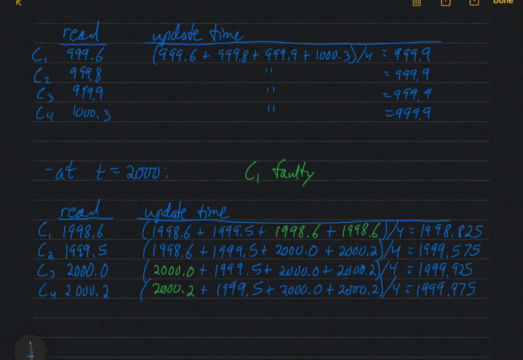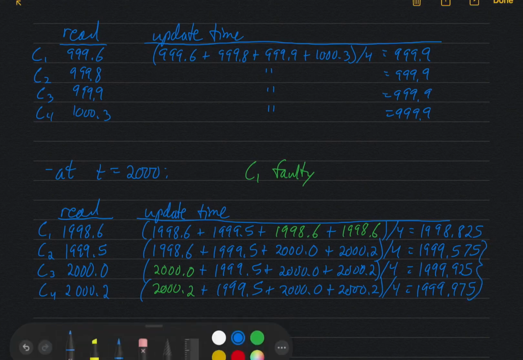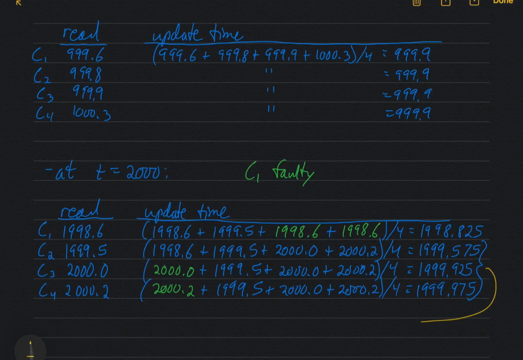So they're not perfectly in agreement, but the non-faulty clocks 2, 3, and 4, we would hope that they more or less agree with each other, and over time their values will come closer together, whereas C1 will just continue to drift apart. So the average of these 3 is 1999.825.